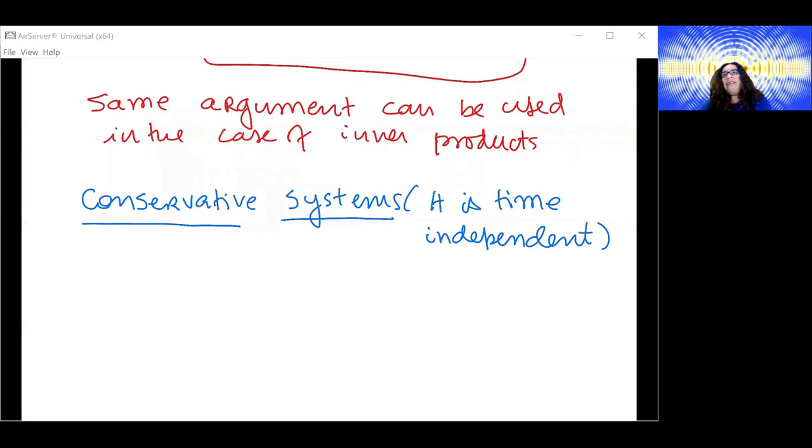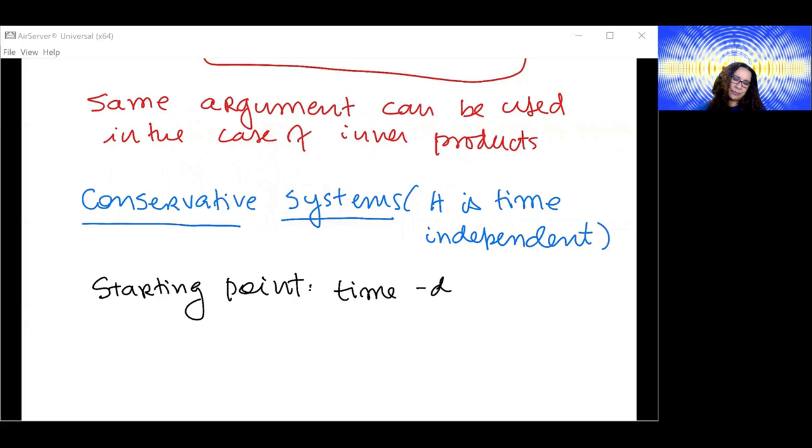So first thing first, I want to show you what happens to the time evolution operator. So I'm going to start looking at the time-dependent Schrödinger equation.